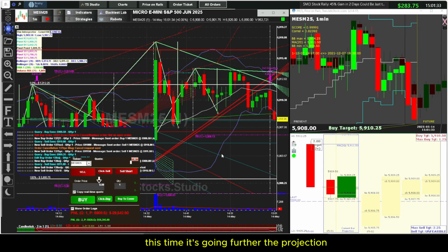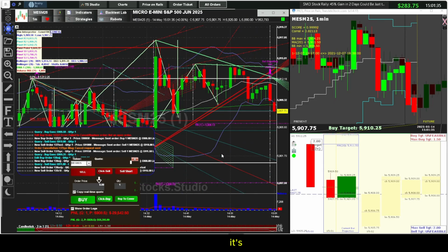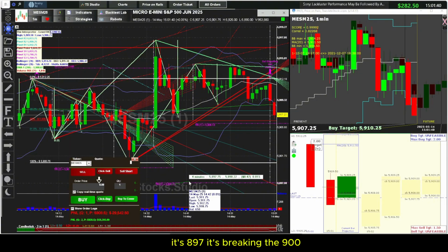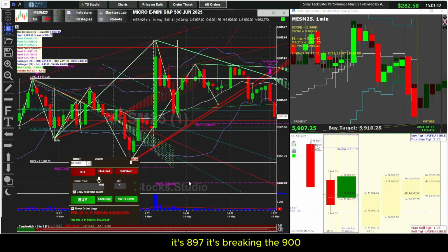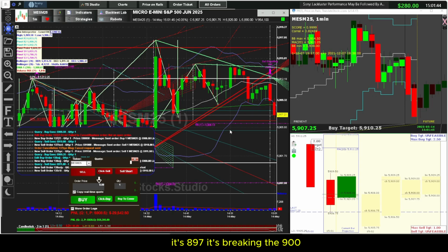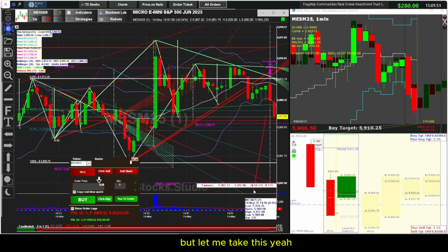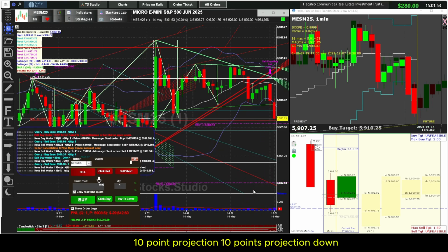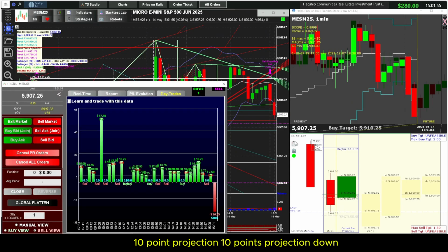The projection, it's 80.97. It's breaking the 900. We have a $10 projection there. Let me take this. Yeah, the 10-point projection. 10 points projection down.